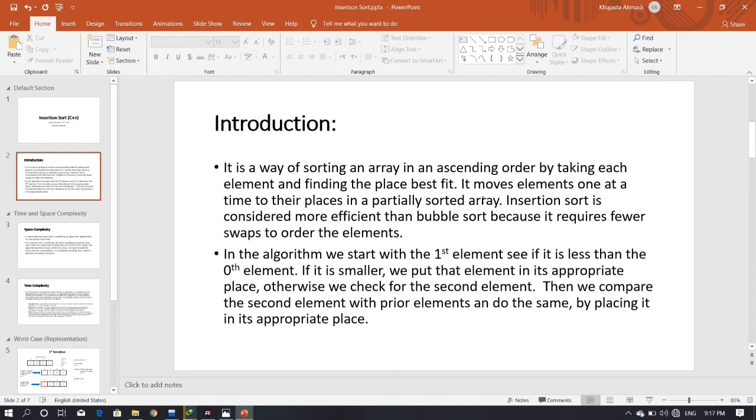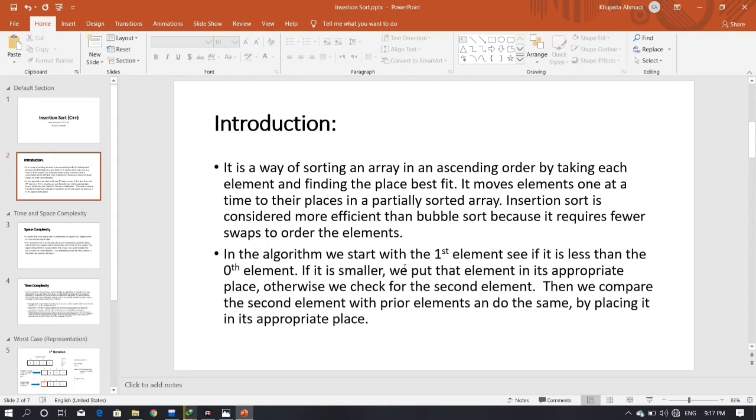It takes one element at a time, finds the place where it best fits, and then swaps with the element in that position. And when the prior element goes back to its place, both elements swap, and the swap is considered complete. It's considered more efficient than other types of sorting, such as bubble sort, because it requires a minimum number of swaps to order the elements.